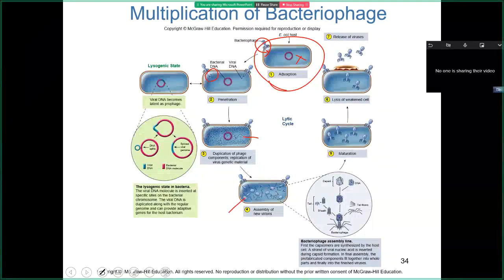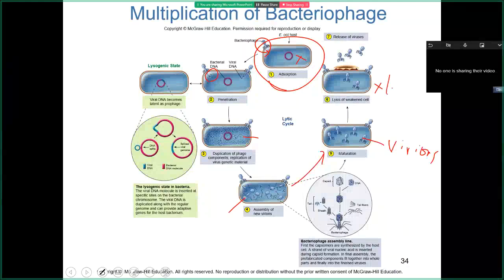And then you can see there's maturation. These are full-fledged viruses. At this point, because they're still inside of the host cell, they're called virions. But if they could escape, they would be competent to infect new host cells. And that, of course, is what happens here.